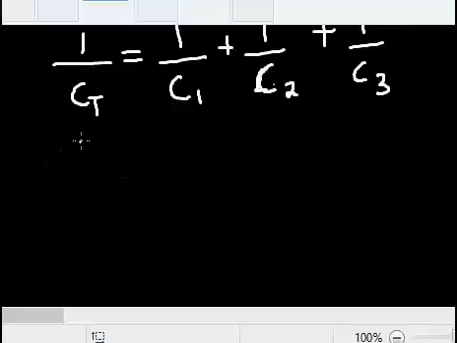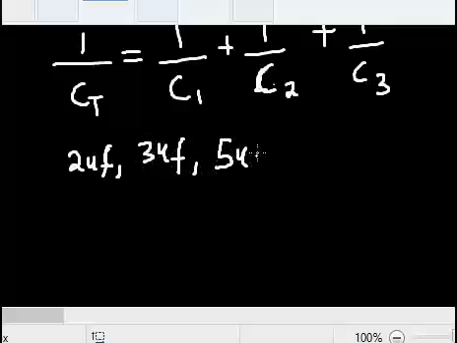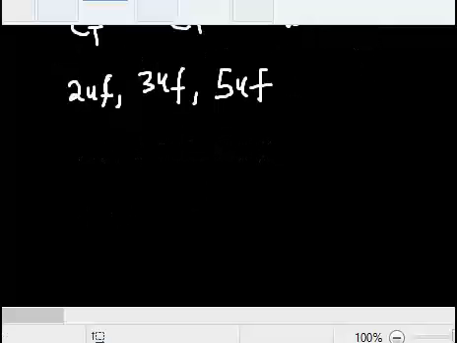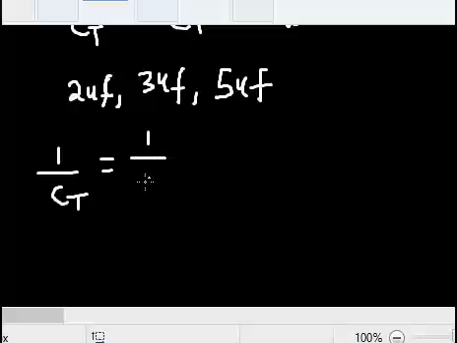For example, if I still have that same question I gave you before, of 2 microfarad, 3 microfarad, 5 microfarad, all of this being connected in series, what I'm going to have is 1 all over CT, since it's a series connection, that's going to be 1 all over 2 plus 1 all over 3 then plus 1 all over 5.